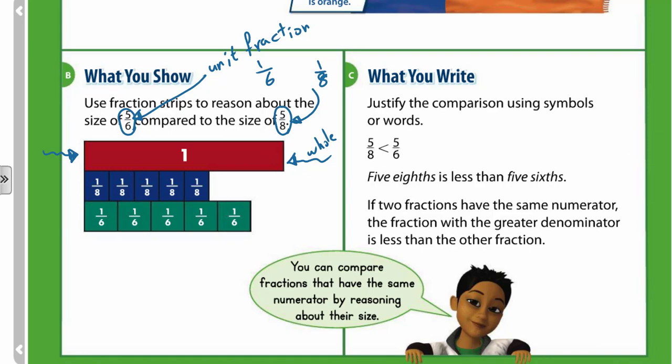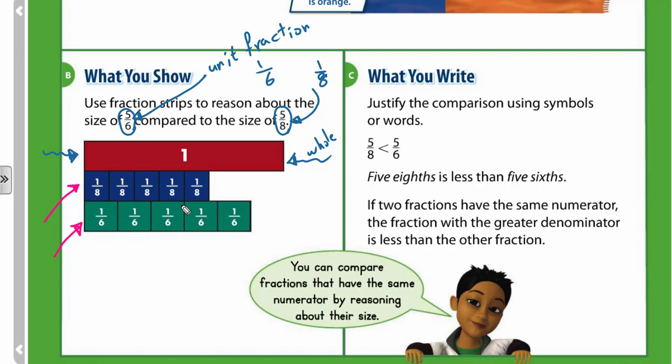And this is the reason why we can see here that these two are different colors, because for the first one, the blue one, the unit fraction is 1/8, and in the green one it's 1/6. So they are different. We cannot use the same color here. We should change the color.